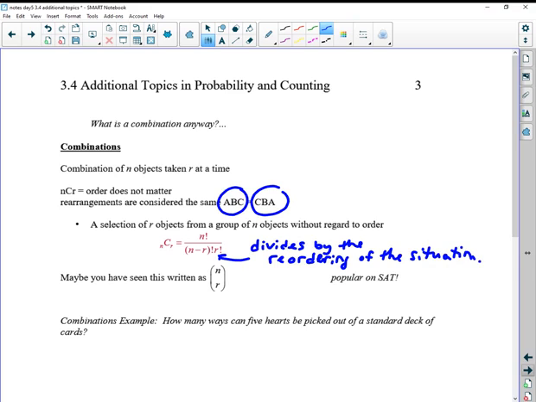And you may see this in the SATs. They might write it like that. And if you want to use similar notation to the permutations, you can write your combinations like that.